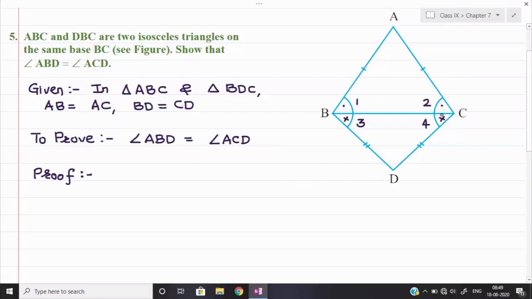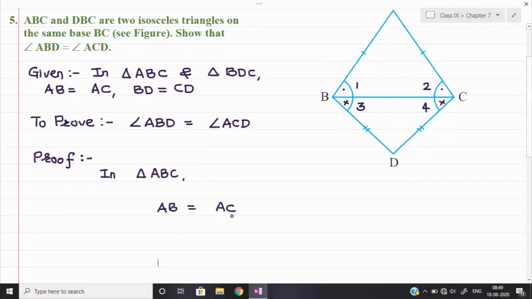So first of all, let us talk about triangle ABC. In triangle ABC, see, we are given in the question that AB is equal to AC, right? AB and AC are equal, we have been given that.